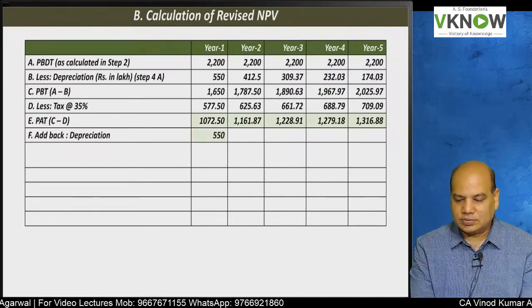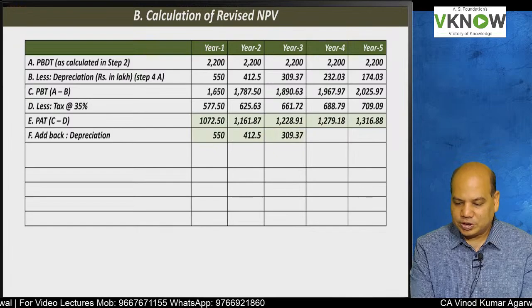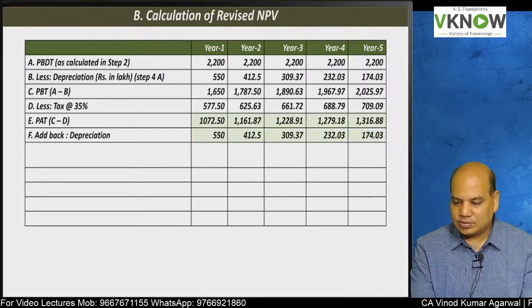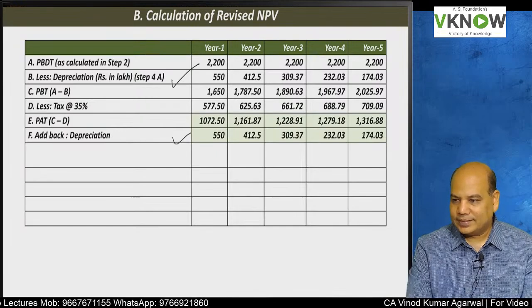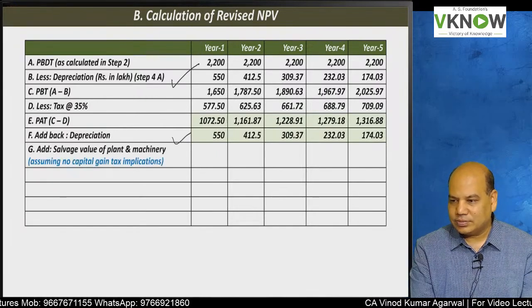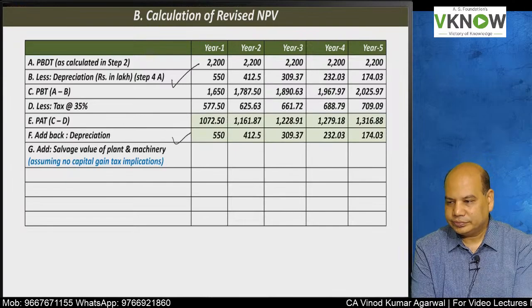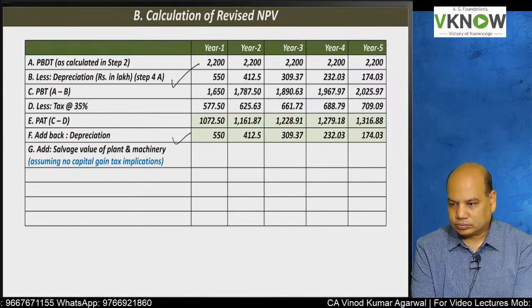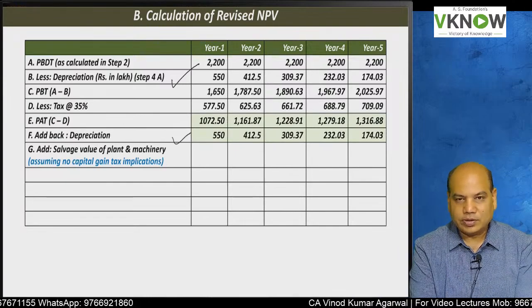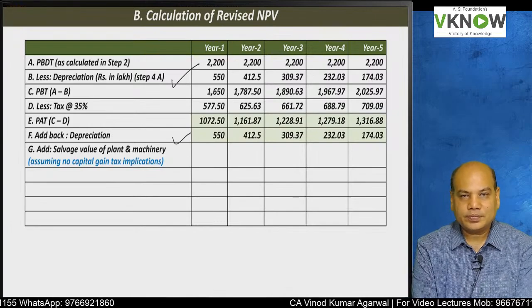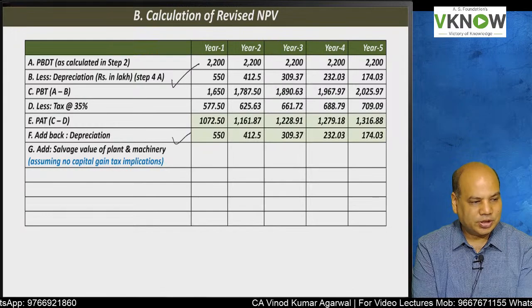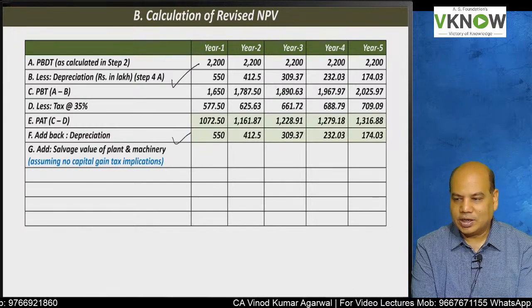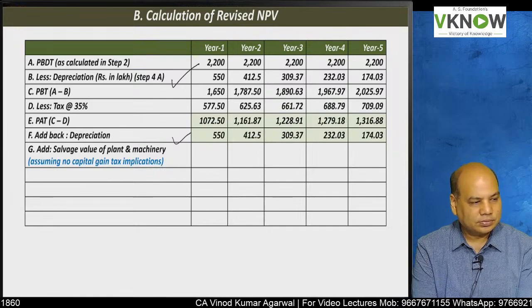Add back depreciation, same number, same line, copy here. Then write down: add salvage value of plant and machinery, in bracket assuming no capital gain tax implication.